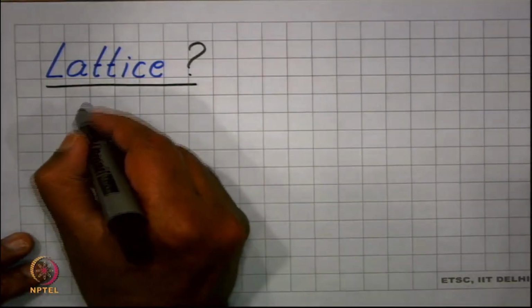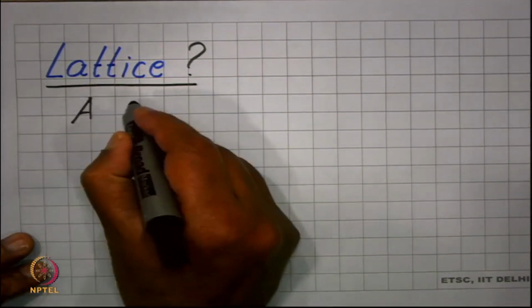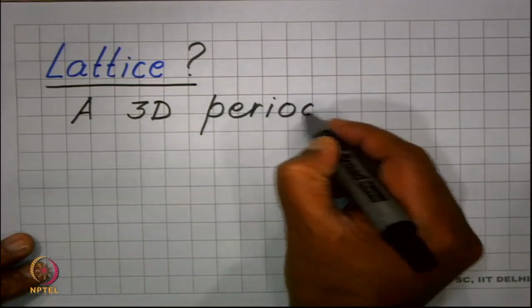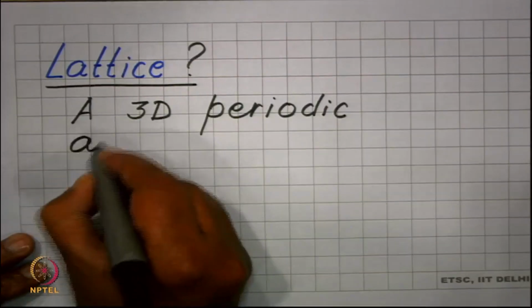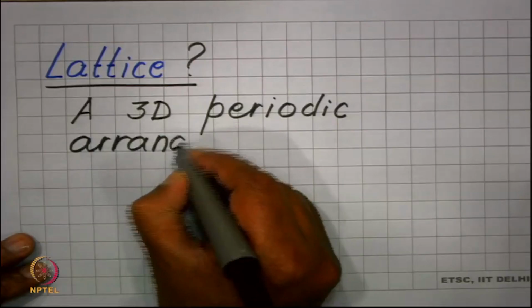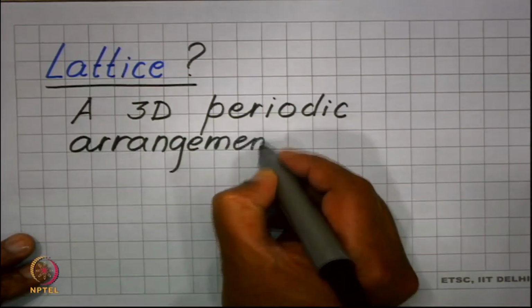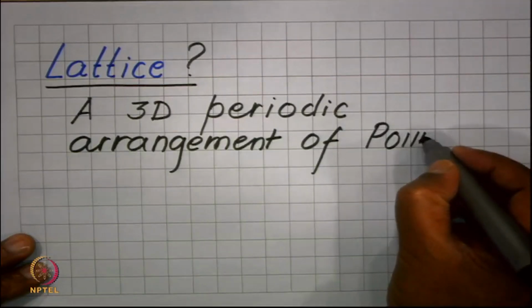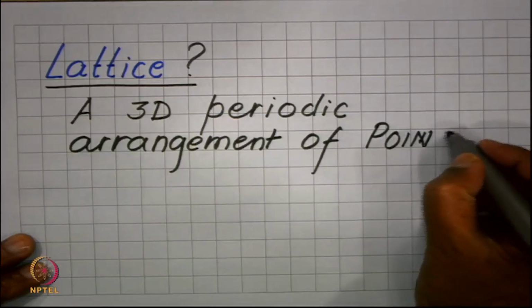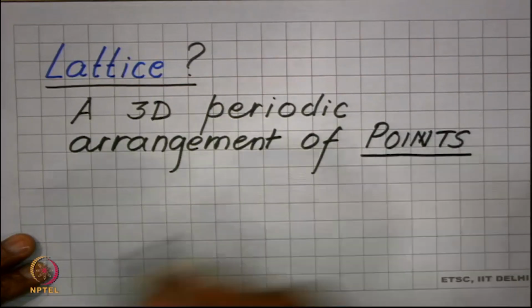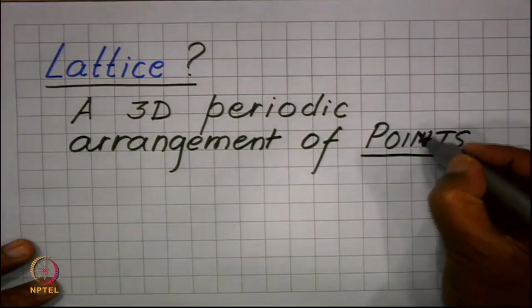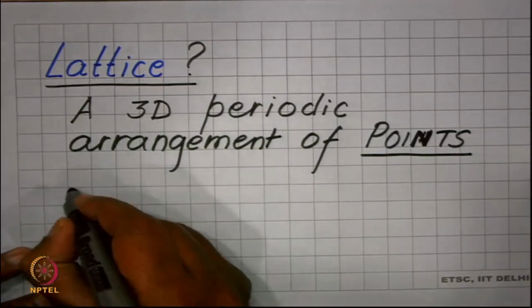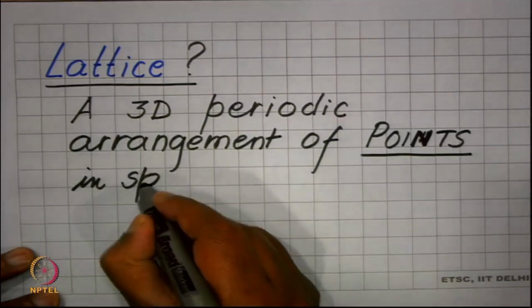So, a lattice is a three-dimensional periodic arrangement of points in a space.